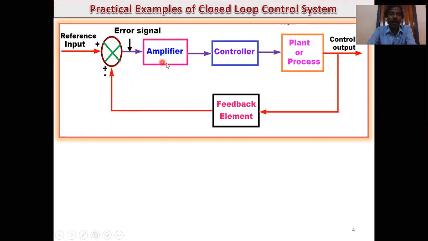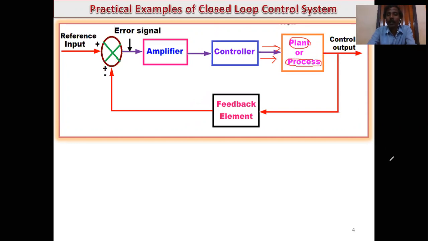And this is the amplifier, and the amplifier output signal is the input of the controller, and the controller output signal is the input of the plant or process. This is the control system.